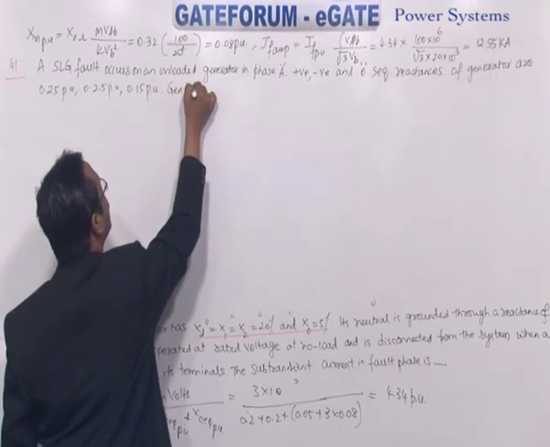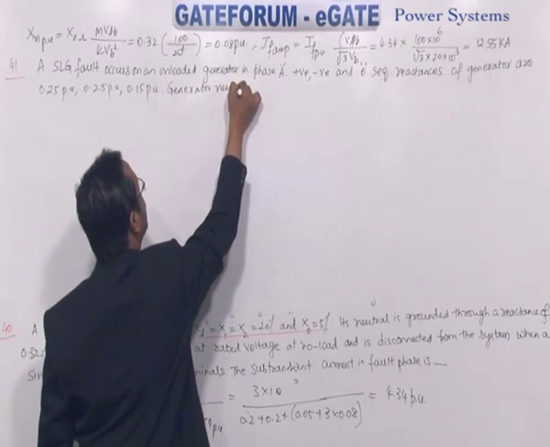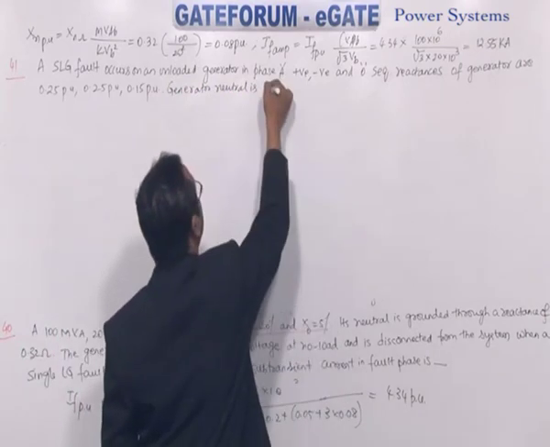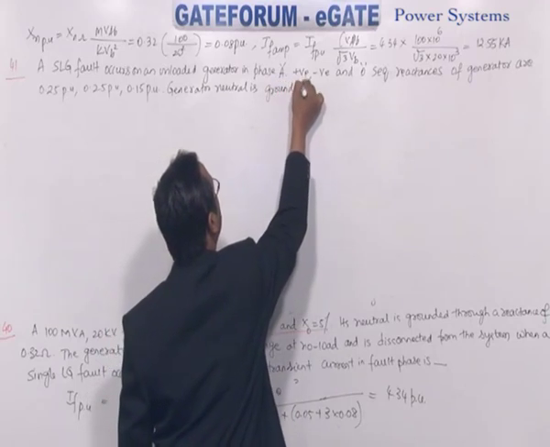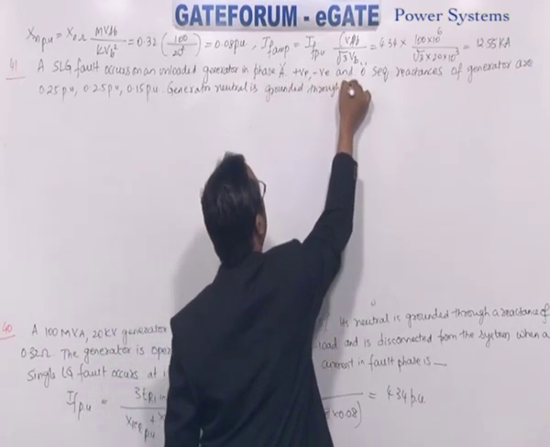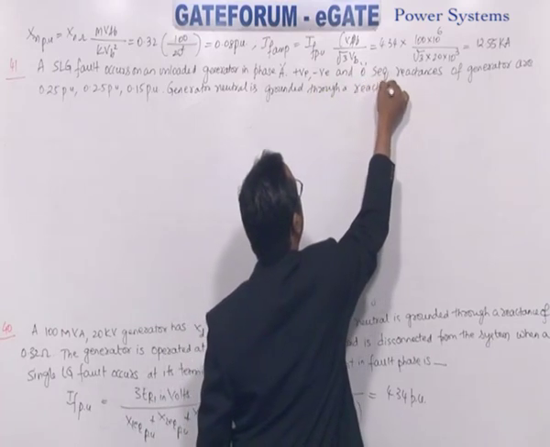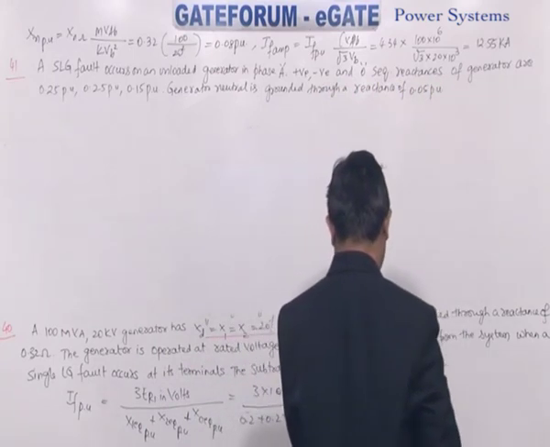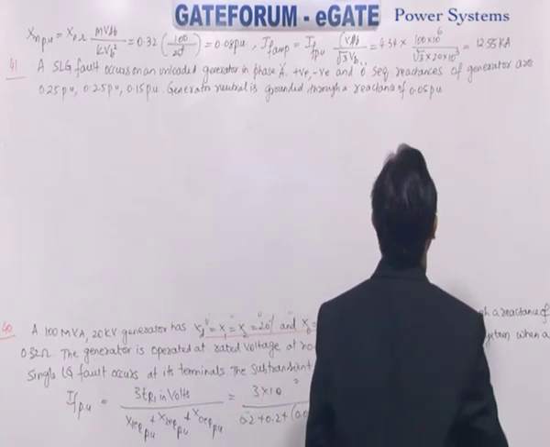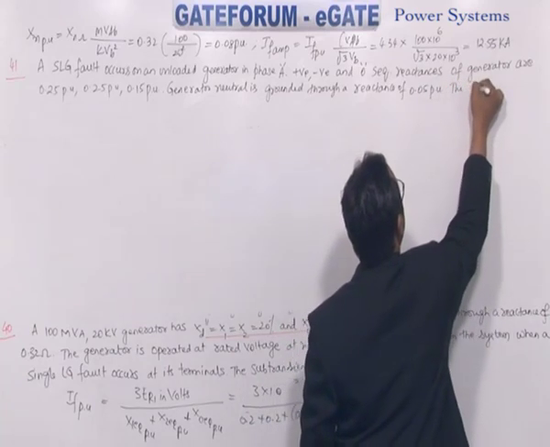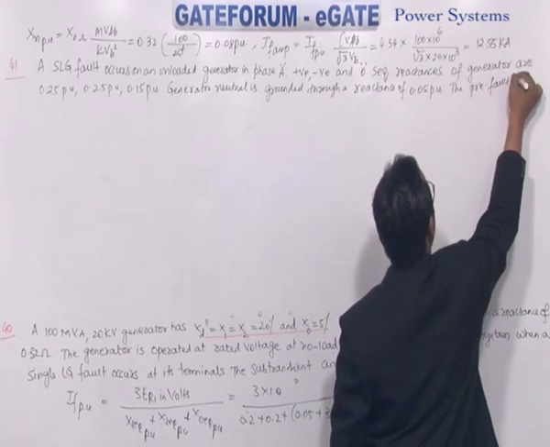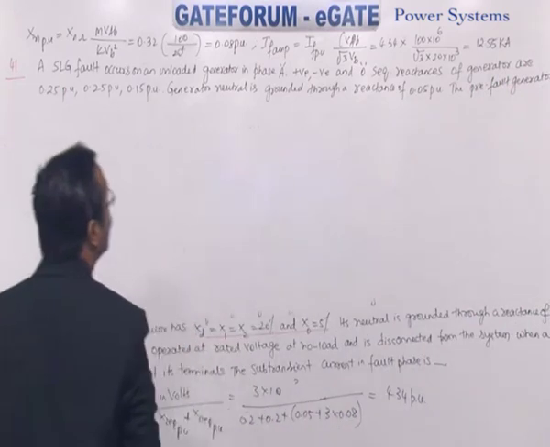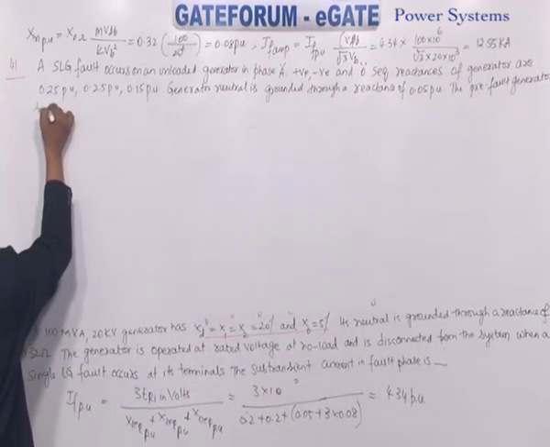Further it is given that the generator neutral is grounded through a reactance of 0.05 per unit. The pre-fault generator terminal voltage is 1 per unit.